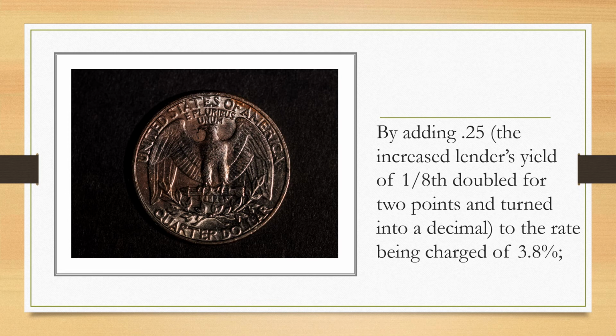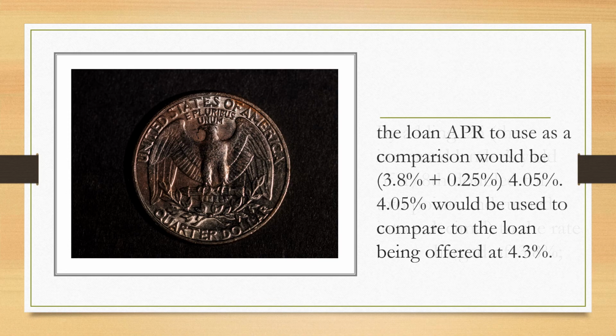So we can add the 0.25 to the rate being charged, which is 3.8%, which is going to give us an actual APR comparison at 4.05%. So the lender advertising the 3.8% with the two discount points is actually showing a comparable APR of 4.05%.